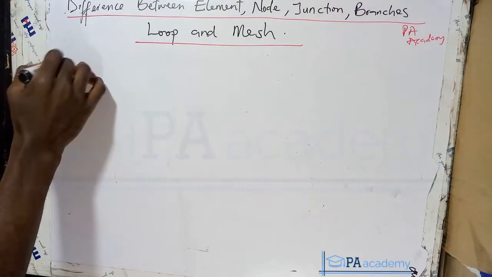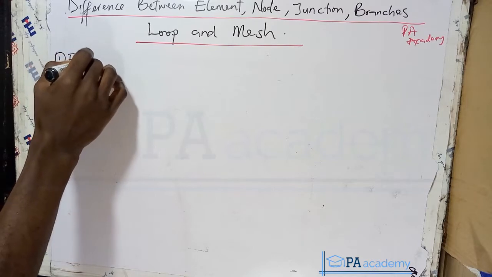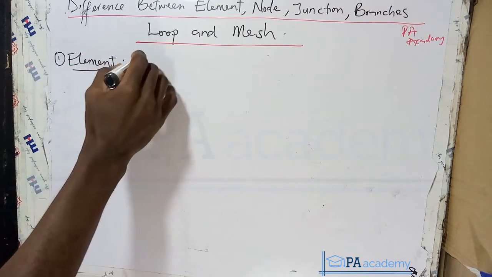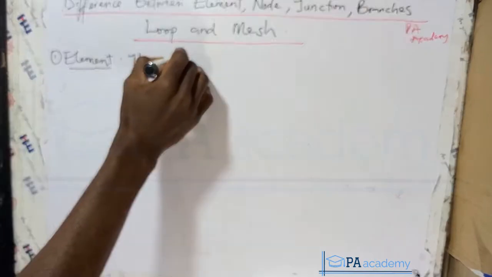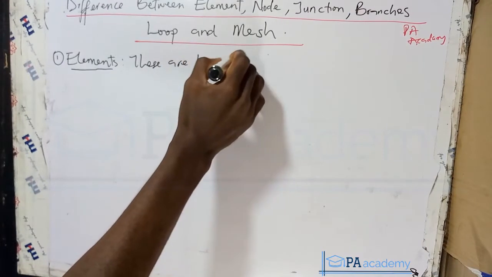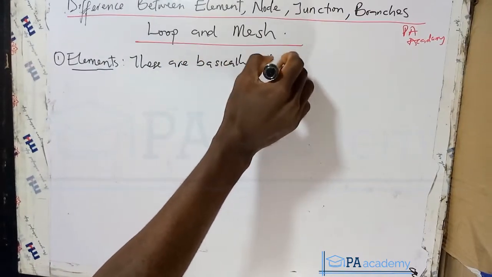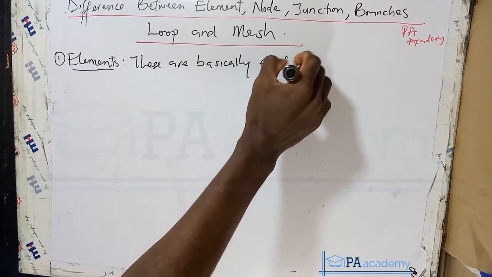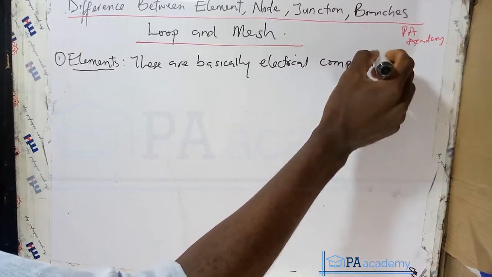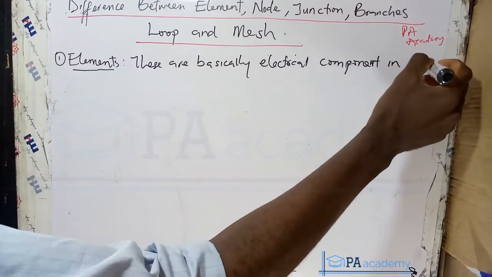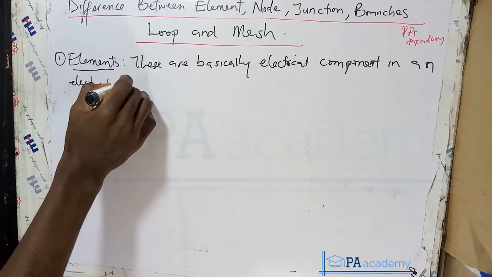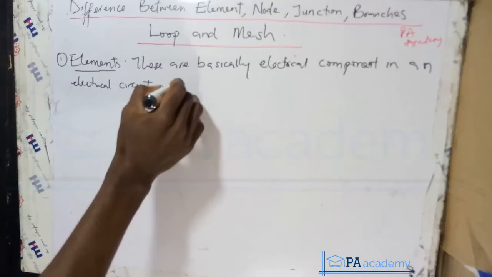So the first one we are going to be looking at is elements. When we say elements, it simply means what? These are basically electrical components in an electric circuit or network.